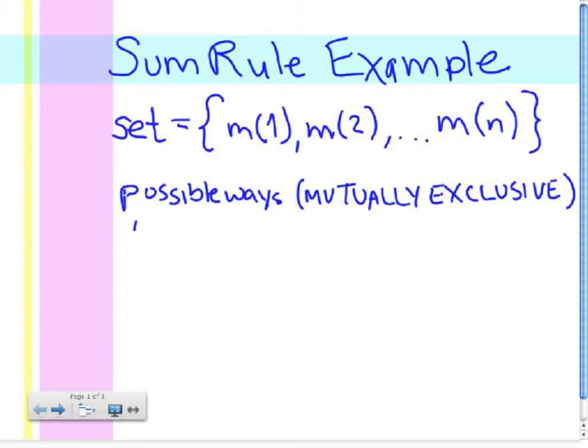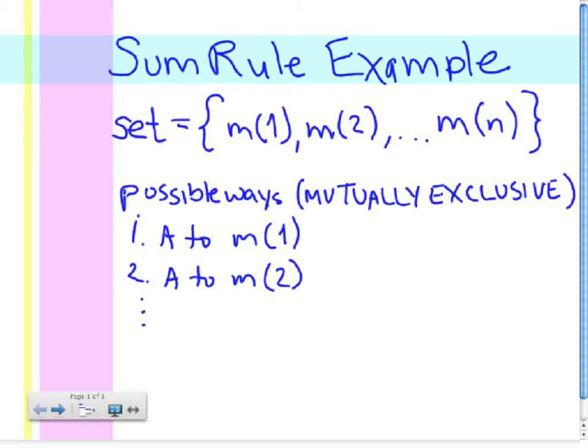Therefore, the possibilities are we can link a to m1. That's choice 1. Choice 2 is to link a to m2. And obviously you can see the straightforward pattern. It goes all the way up to n. We can link a to mn. And so we can get from this that the choices are just adding up 1 through n, and there are n choices.